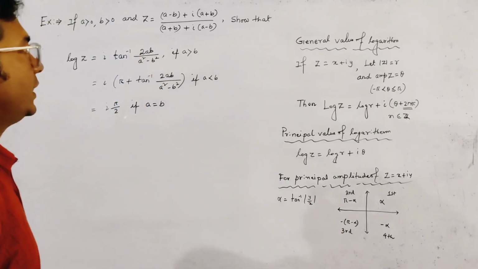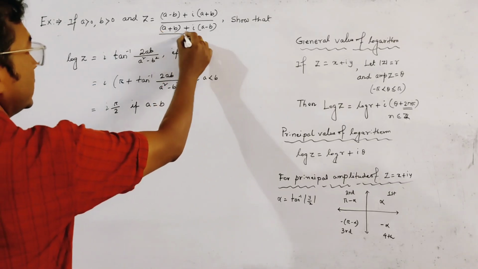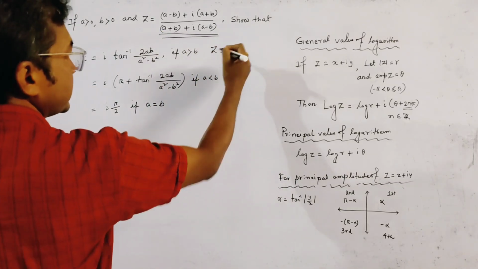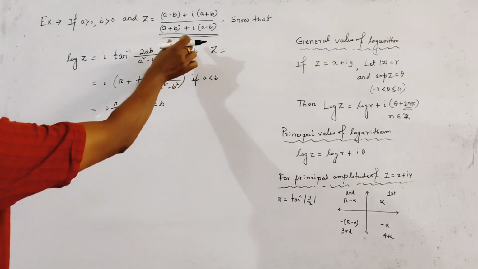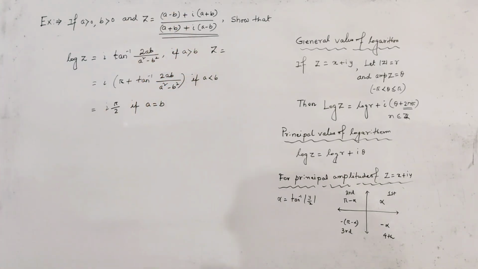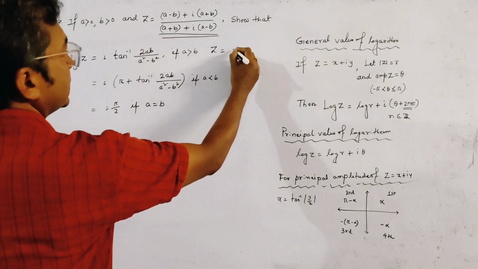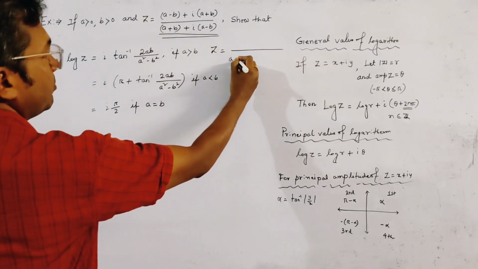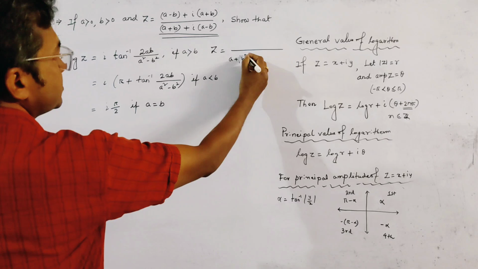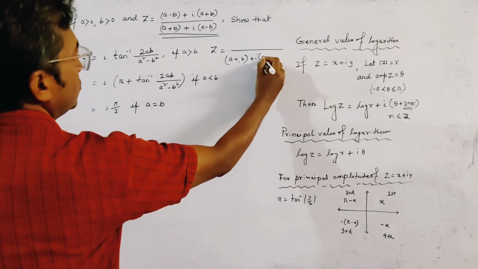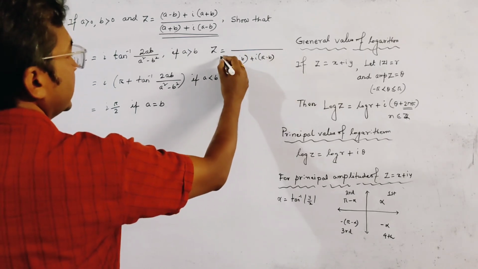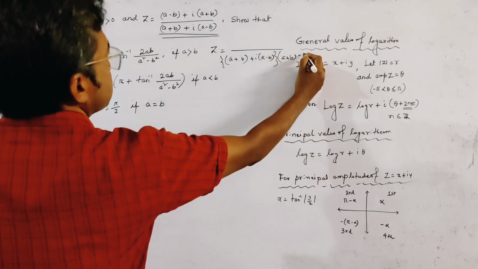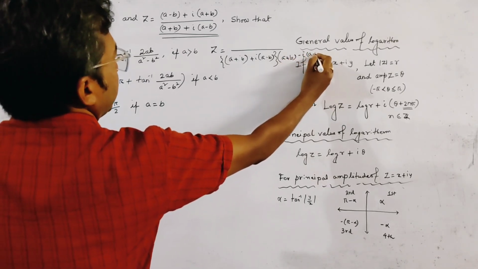Okay. Now we first write the complex number in the form of a plus ib, by multiplying numerator and denominator by a plus b minus i into a minus b.